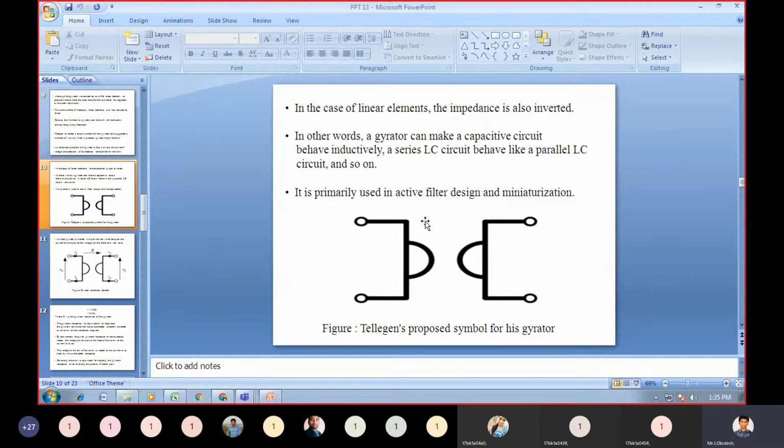It is primarily used in active filter design. Just see Tellegen's proposed symbol for his gyrator.